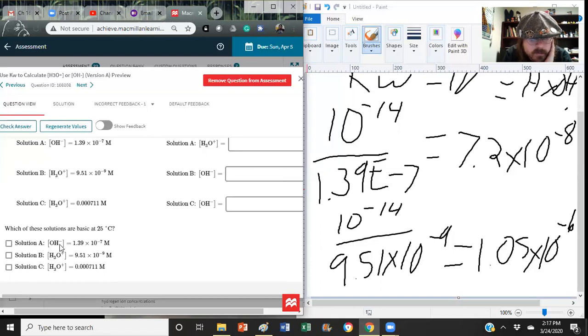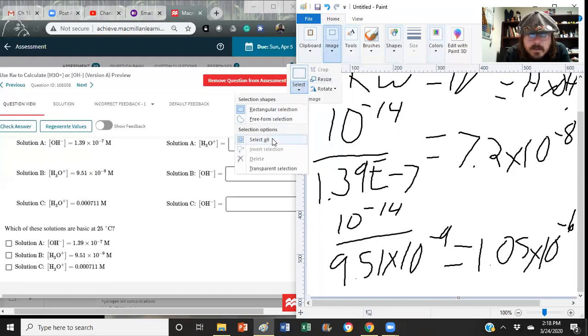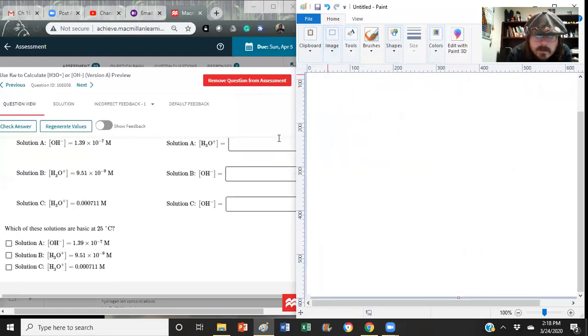It's 1.39 times 10 to the negative 7th, which is greater than 1.0 times 10 to the negative 7th. So based on your answers, you should know what B is. And just thinking about that, you will quickly find out whether C is basic or not. You should be able to do that. Okay, that is number 6.